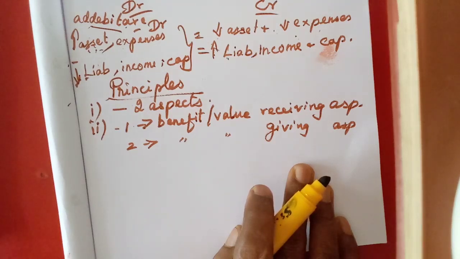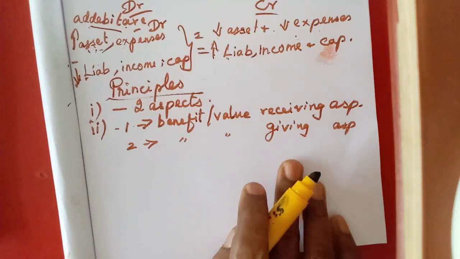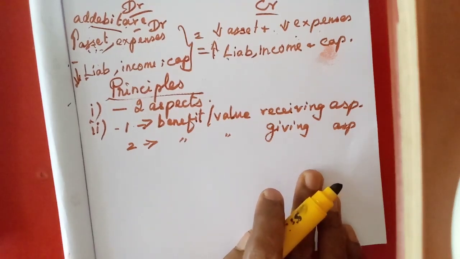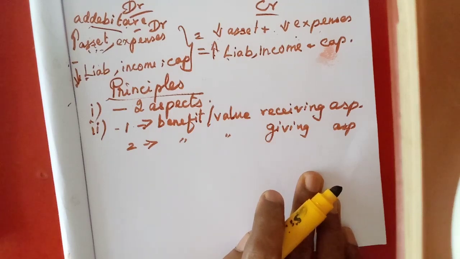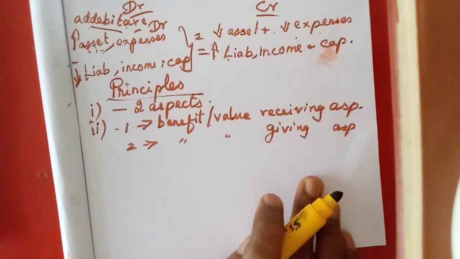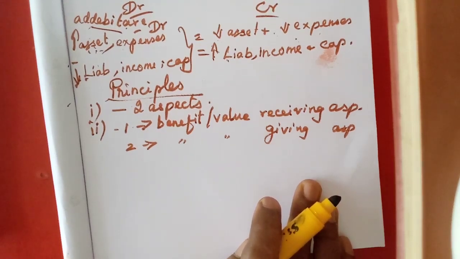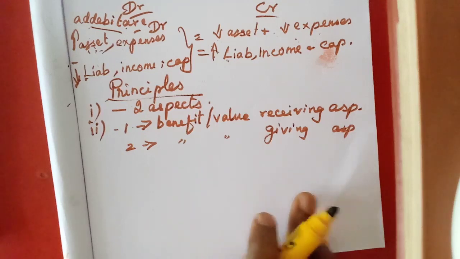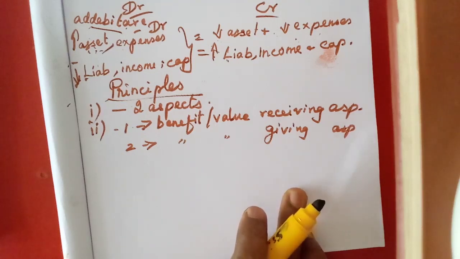For that we pay something. So one aspect may be a thing, an idea or a service. When we receive something, we pay something also.